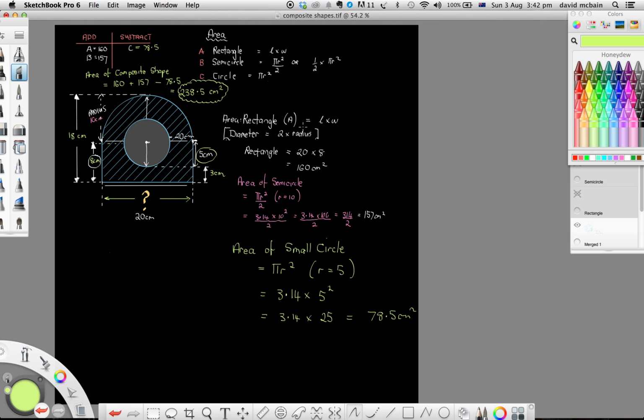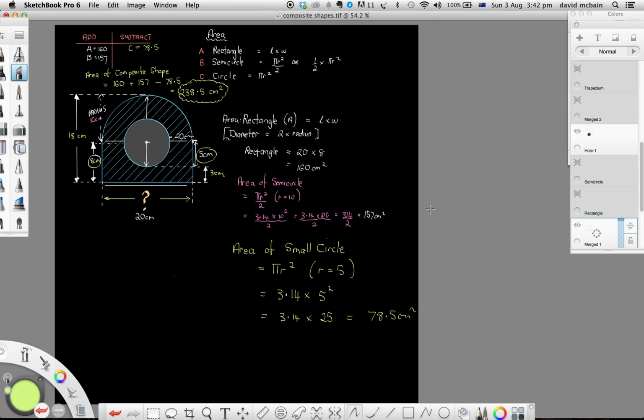So you need to show the separate calculations for each part, make use of headings and subheadings. So, for example, you'll notice here I used headings. So you make sure you use headings as well, so that when you go back and look at your work, you know what the calculation is.